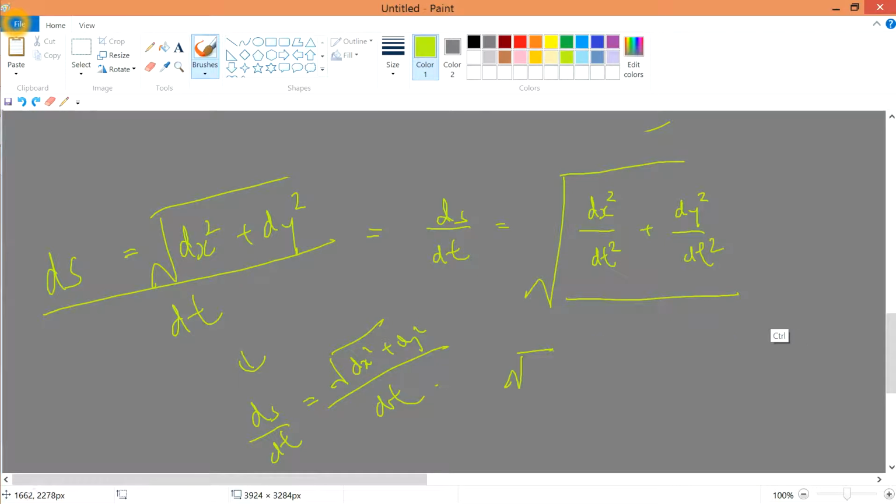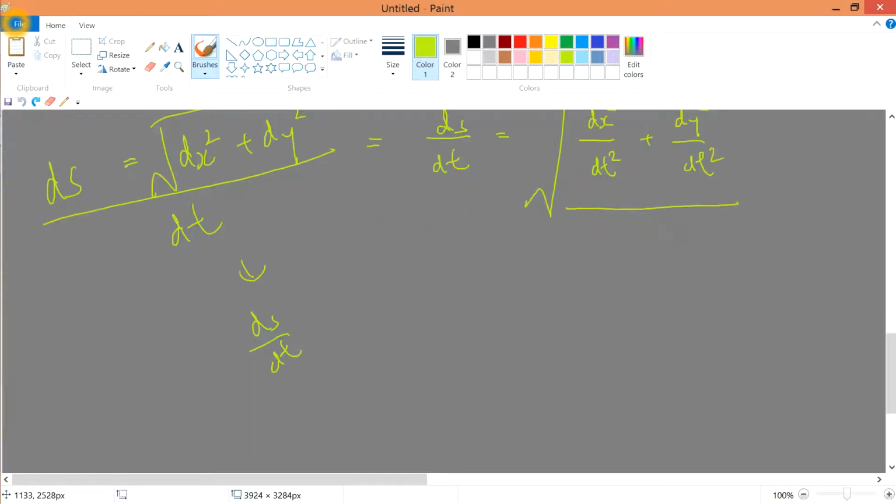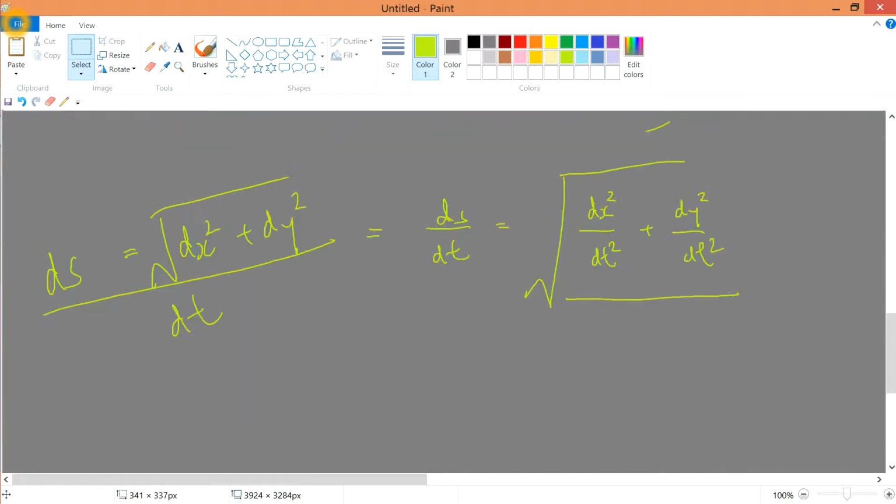So this is how I solve for where I am right now; this formula it is, right? And therefore I'll just bring this dt up over here, just multiply both sides by dt. Okay, so you have just earned yourself a new formula, ds, wow, that's great, plus, yeah, plus.